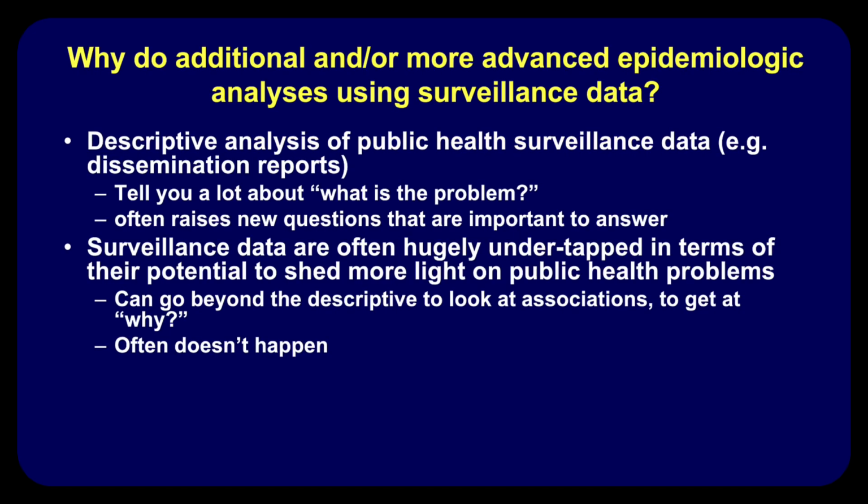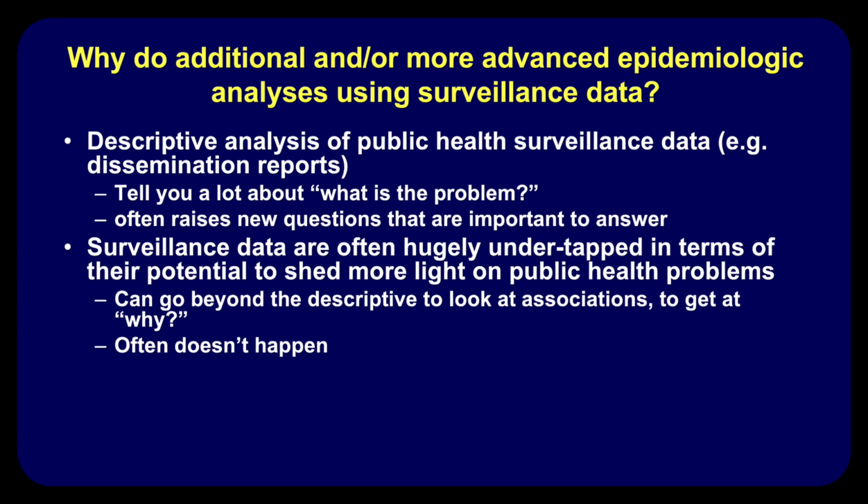So first, just taking a step back, why do additional analyses and more advanced epidemiologic analyses using surveillance data? A lot of our work has really focused on using the data in the surveillance system solely to achieve the goals of that surveillance system. But once you have these data, they present lots of other opportunities for you to do potentially important work.